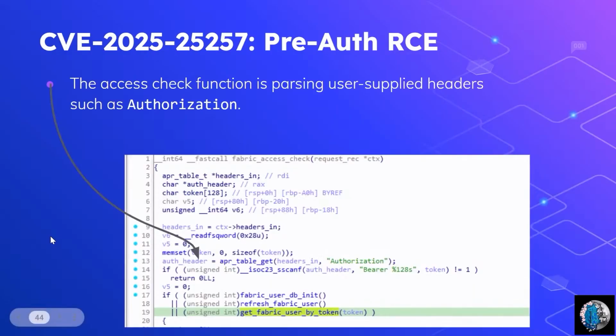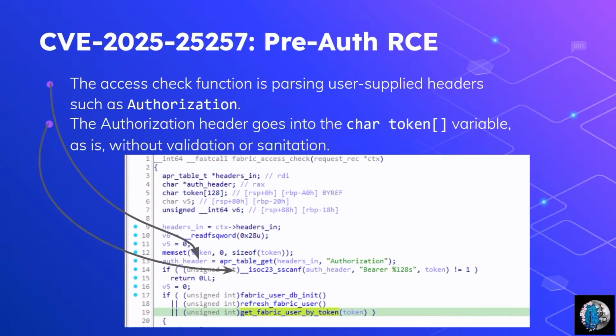So now let's look at the logic of it. The access check function is parsing user-supplied headers, such as authorization. And the authorization header goes into the char token variable as is, without any validation or sanitization.